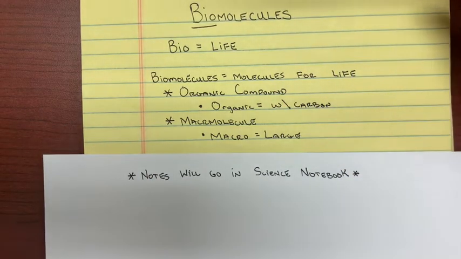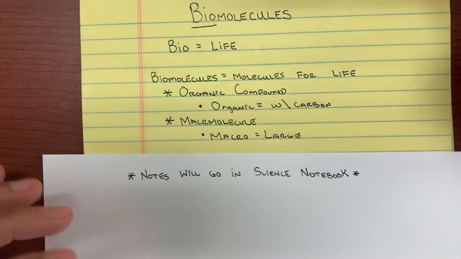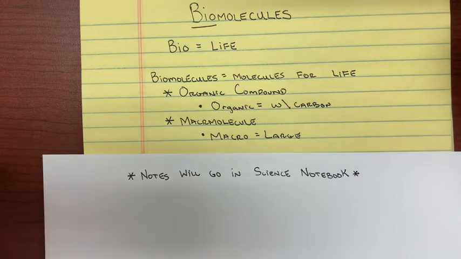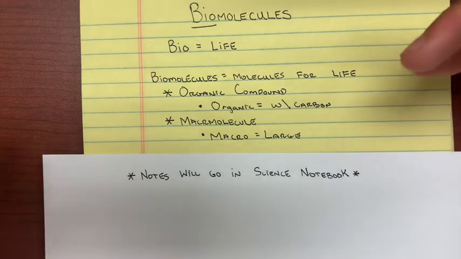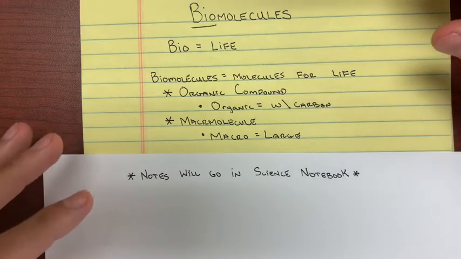So there are 4 types of biomolecules that we're going to be talking about in this chapter. We're going to go over their definition, what their breakdown is, what their function is. I'll give you an example of each of the 4, and then we're also going to draw them so that you can see what they look like.